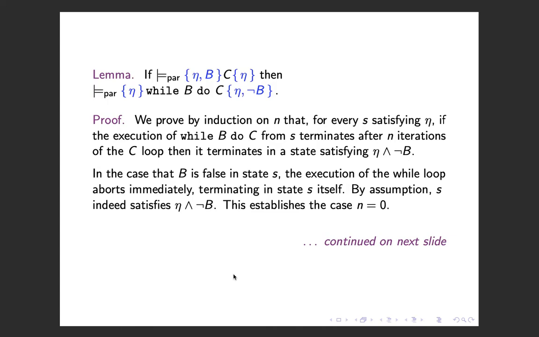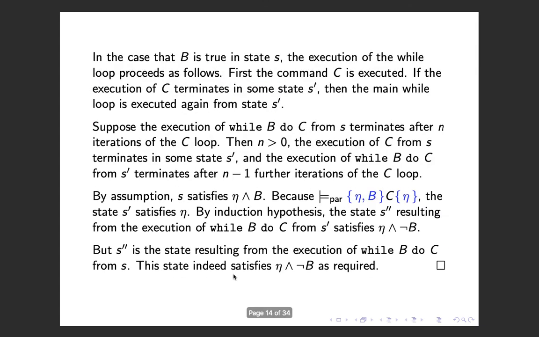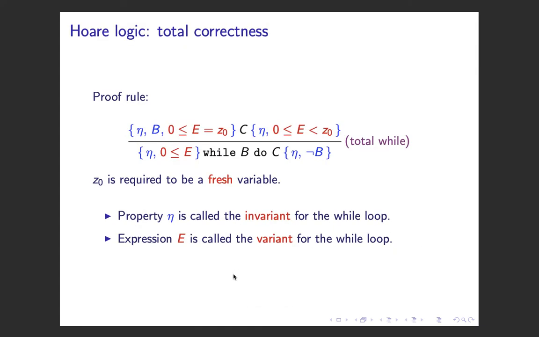I've presented it as essentially a proof by induction on the number of iterations that the while loop goes through before it terminates. So you can read that for yourself. The important thing in the lecture was to explain to you why the partial while loop is correct.